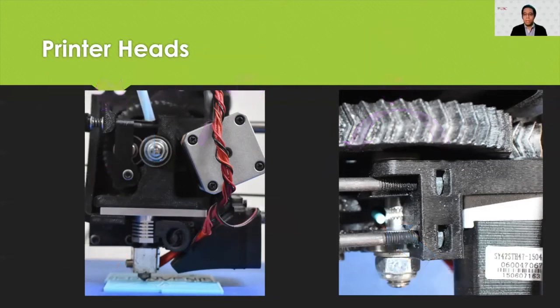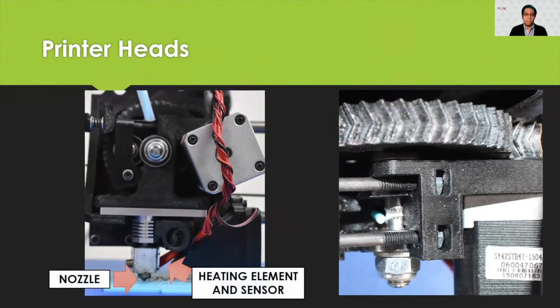Here we can see that the hot end contains a heating element, a temperature sensor, and the nozzle. With the printer software, we can control the heating temperature. Most filaments work with temperatures around 200 degrees Celsius, which is good for most prototypes. However, depending on the material that we are using and sometimes the geometry that we're printing, we might need finer control, adjusting both the temperature of the heating element and also the speed of the fans.